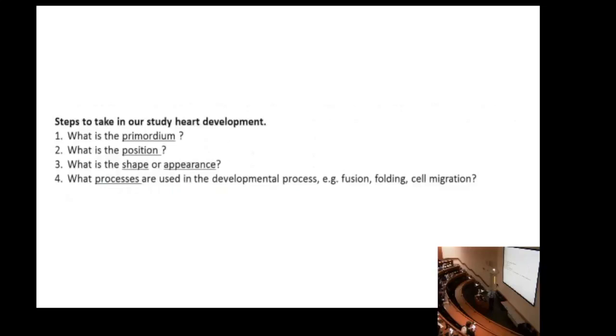The steps that I like to take in explaining and understanding each of these is to ask the 4 basic questions. What's the primordium? And by that, I mean, how does it start? What does it come from? What's the position? Where is it located? What's the shape or the appearance of whatever is developing at this point? And then finally, what processes are used?